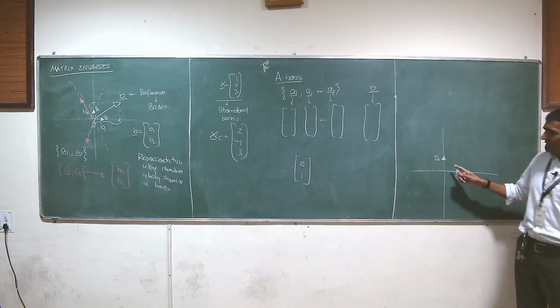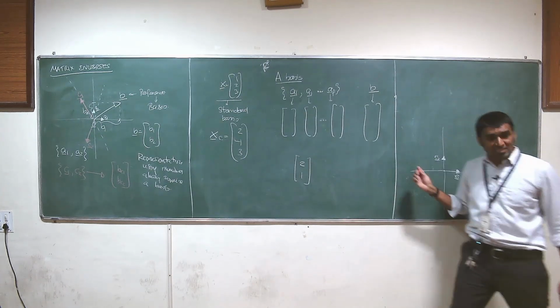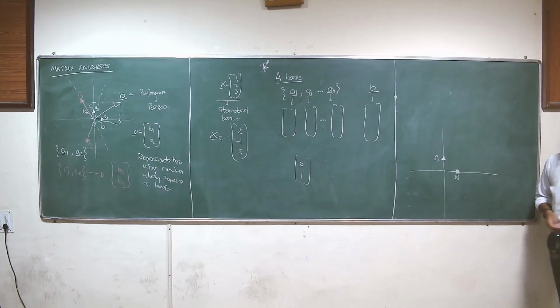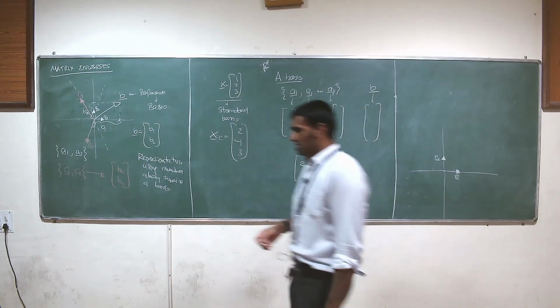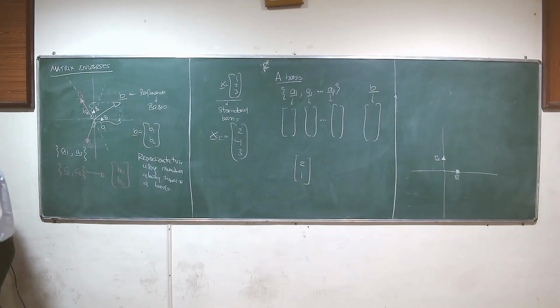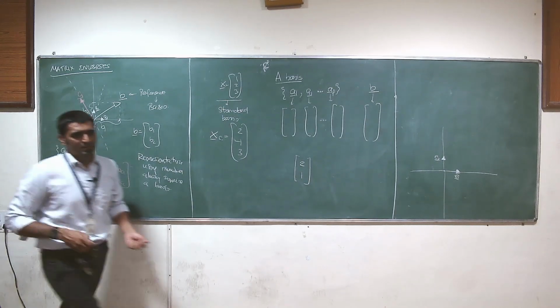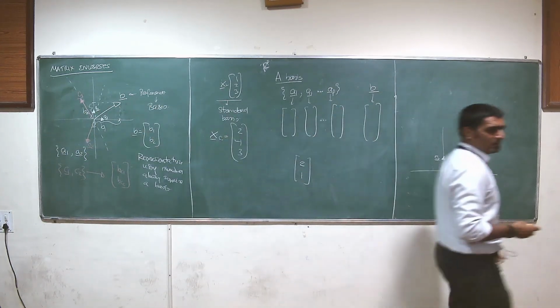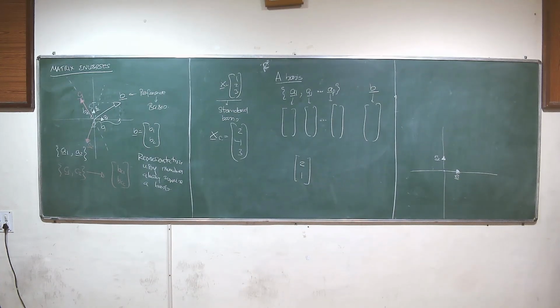If I tell you the representation of a vector B in the standard basis is 2, 1, where would you draw it? Exactly where?